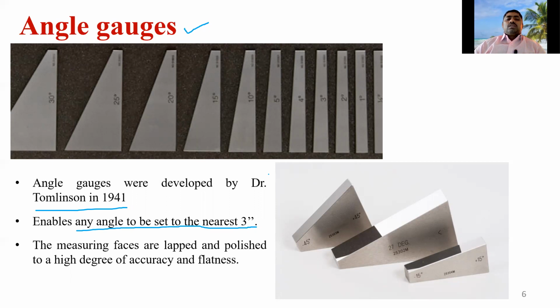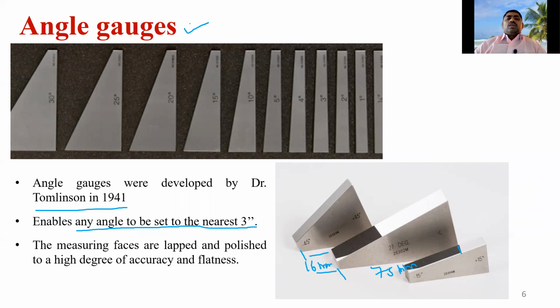The angle gauges, like linear slip gauges, are blocks of 75 mm length and around 16 mm width.